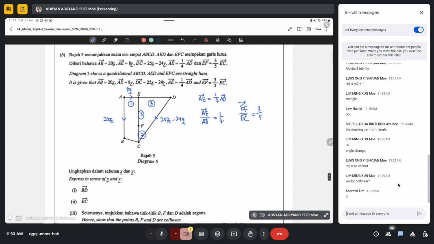Okay, for vector 你要注意的是你一定要 show 你怎么样找。Okay, 你要怎么样走 BD 的路线？可以怎么样走？我可以走 BA AD 对吗？BA AD. Okay, so 怎么样走 BA AD?